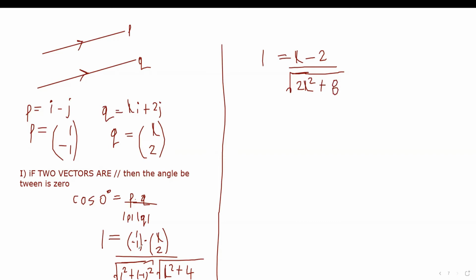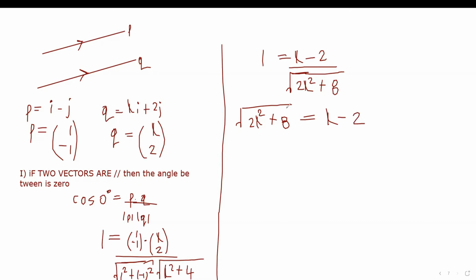All I did was join these two square roots. Square root of A times the square root of B is the square root of AB. So we need to find lambda now, Marika, so we can cross multiply. So we have the square root of 2 lambda square plus 8, and that is equal to lambda minus 2.